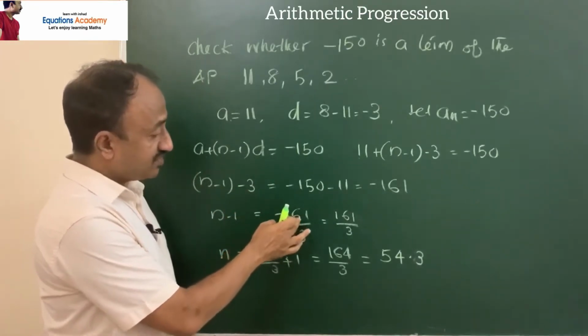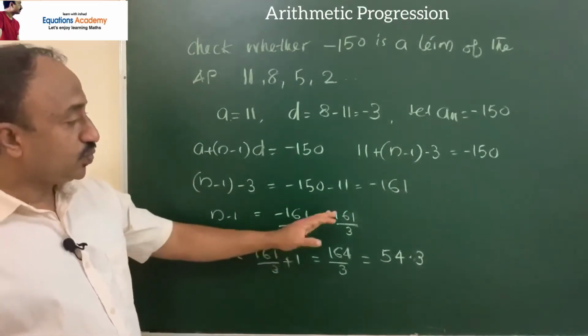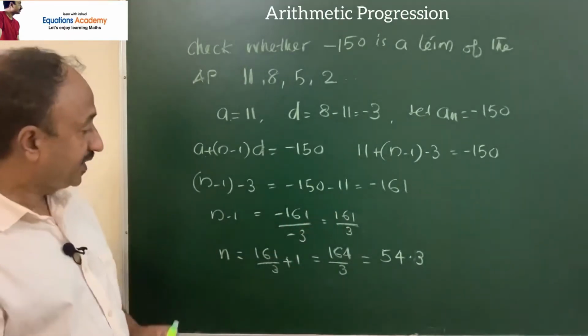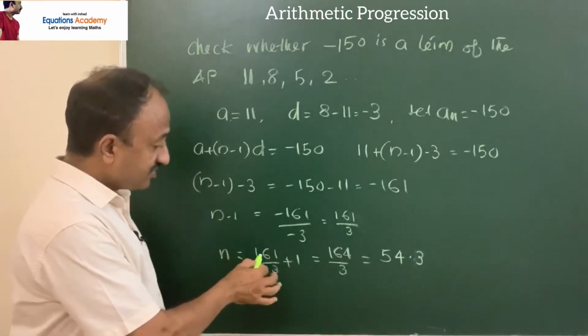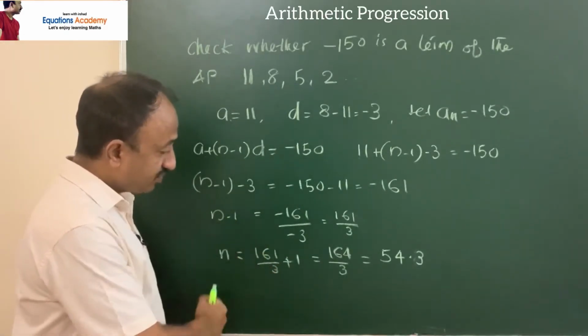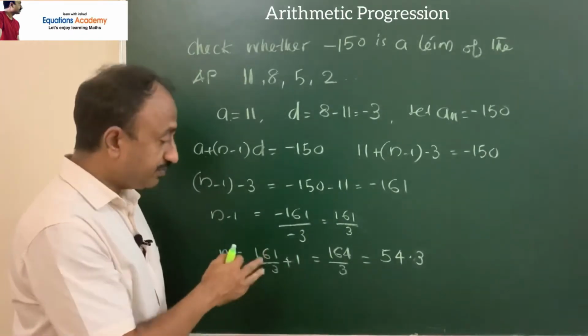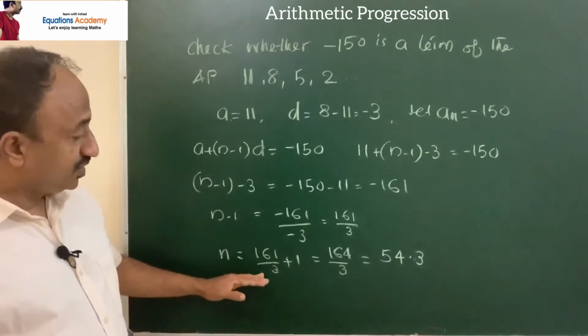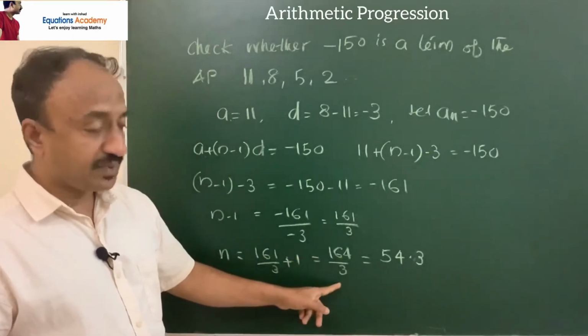So minus 161 divided by minus 3 is equal to 161 by 3. That is n minus 1. So n is equal to 161 by 3 plus 1, which is 164 divided by 3.